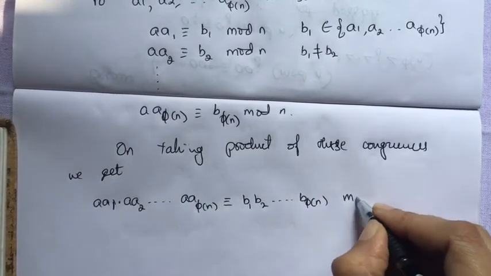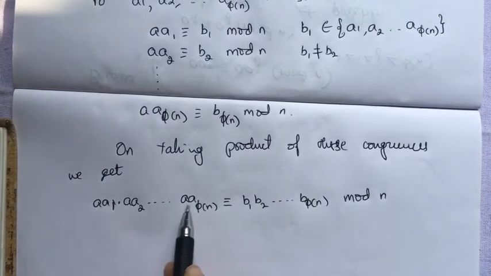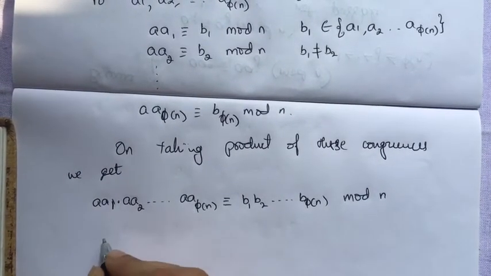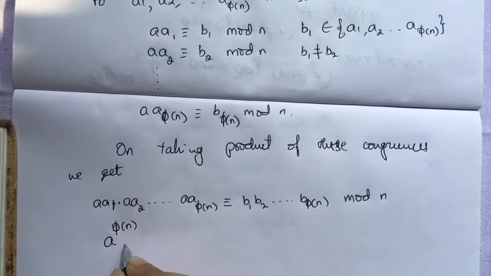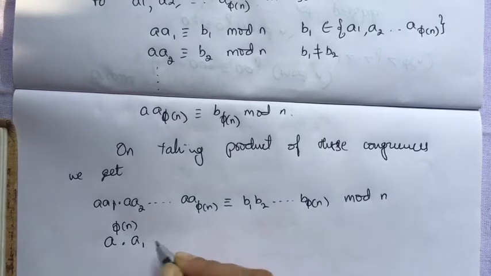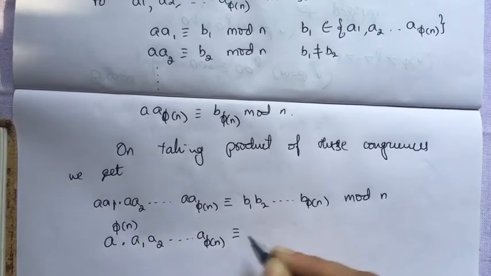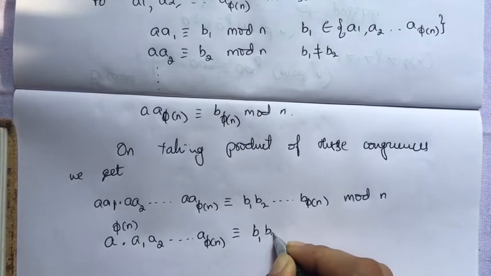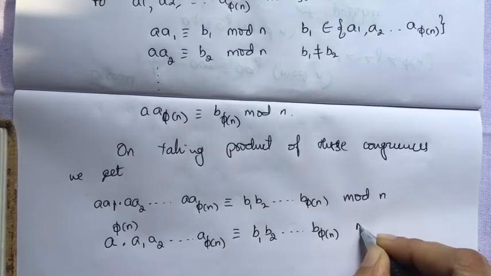Now a is multiplied phi of n times, so I can write a to the power phi of n into a1 into a2 up to a phi of n, which is congruent to b1, b2 up to b phi of n mod n.